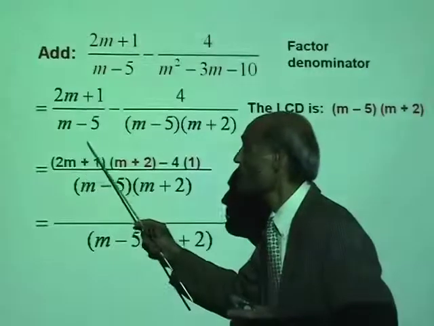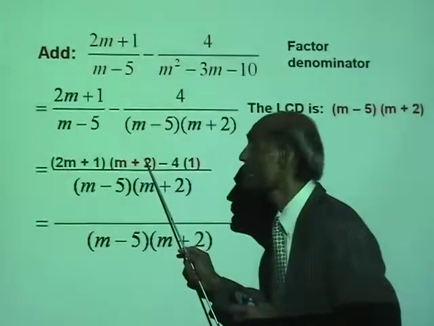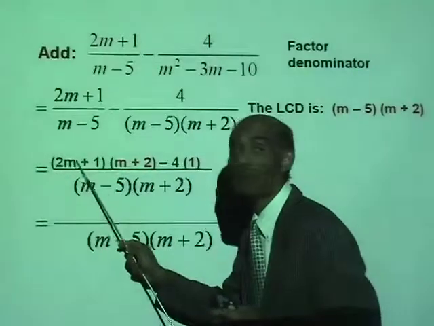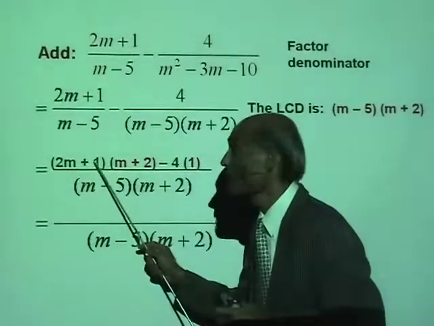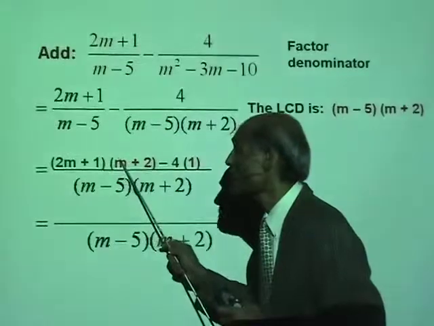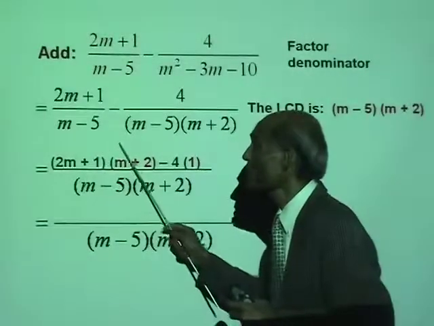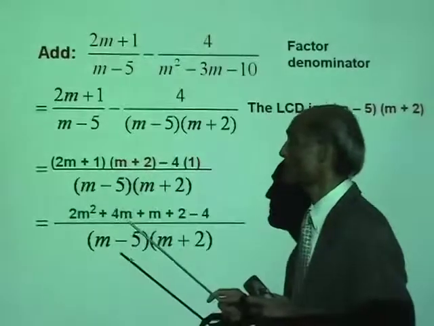And 2m times plus 2 is plus 4m. We finished multiplying 2m. Now come to the positive 1. Positive 1 times m is positive m. And positive 1 times 2 is positive 2.